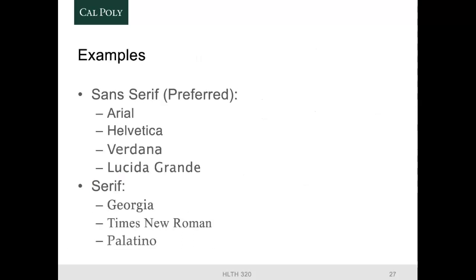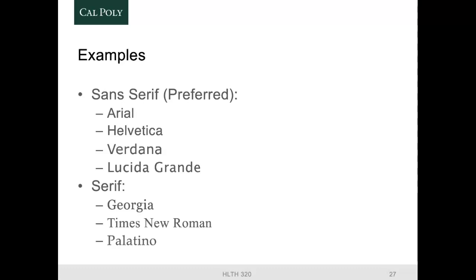You might not be familiar with the terms sans serif or serif font, so I want to make sure that you understand exactly what these are. Sans serif fonts are the preferred fonts. What we mean by sans serif is that the strokes do not extend out from the top or the bottom of the letter form.